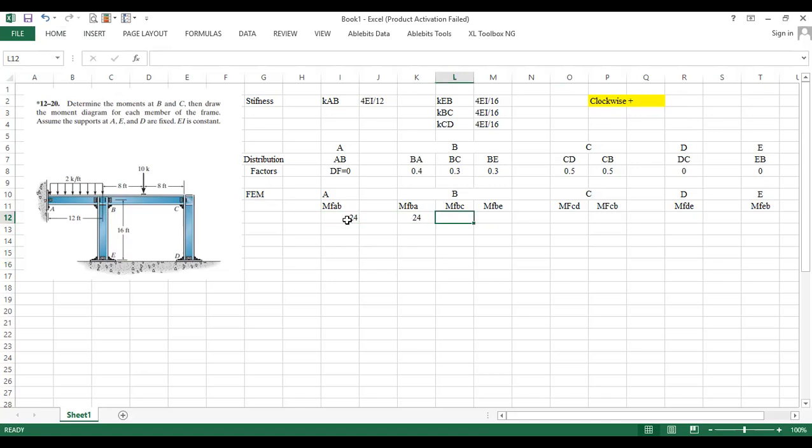At BC, you have a point load, that's going to be PL over 8, right? So your P is 10, L is 16, over 8. That's going to be 20. Minus 20 at B and plus 20 at C, and CB is 20.